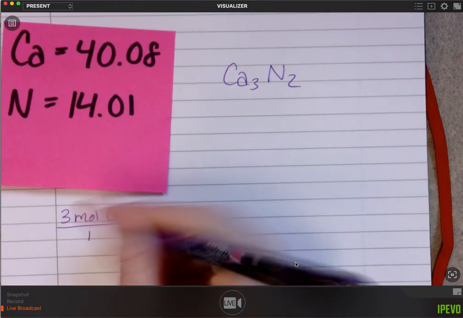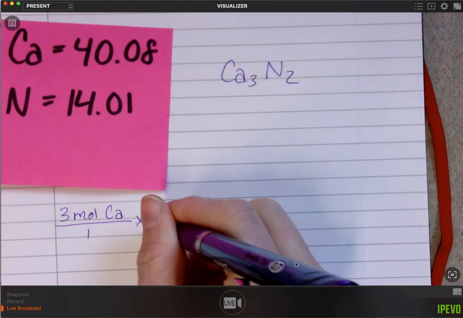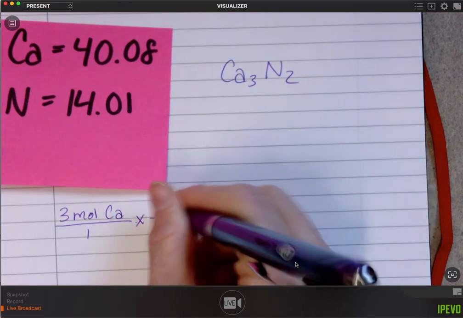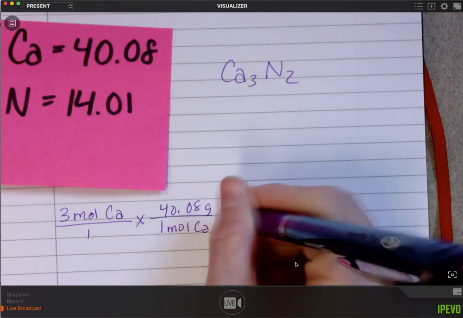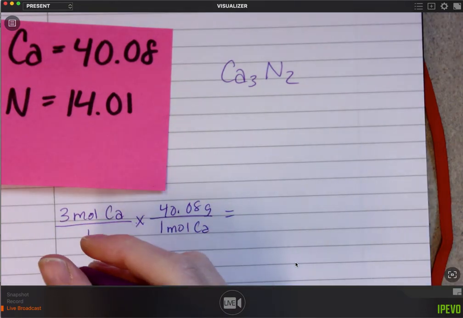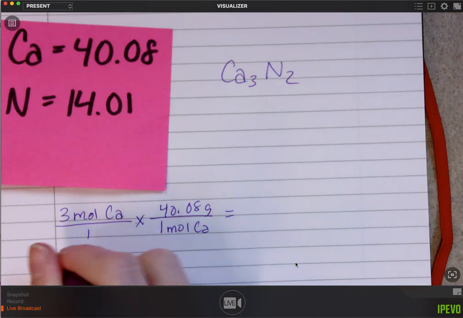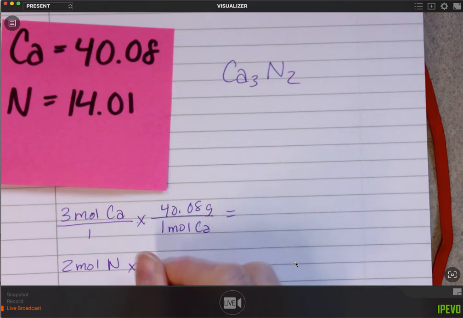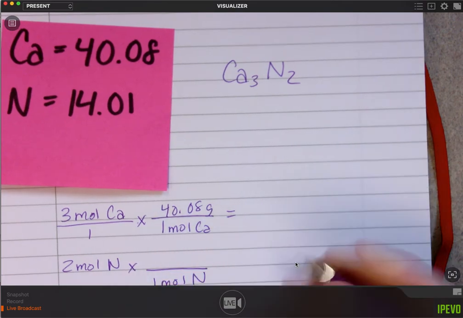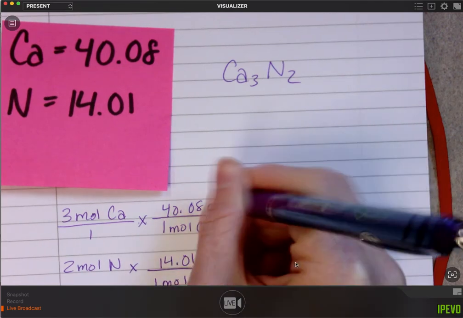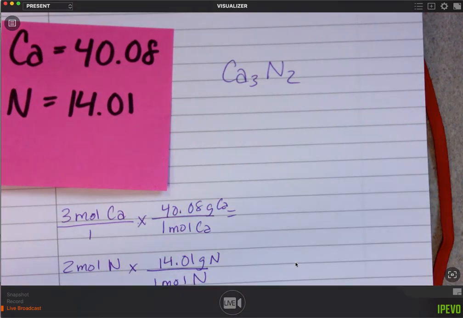So over 1, I'm going to multiply that by, 1 mole of calcium weighs 40.08 grams. And within 1 mole of calcium nitride, I have 2 moles of nitrogen. 1 mole of nitrogen weighs 14.01 grams. So I'm just going to multiply this stuff out.